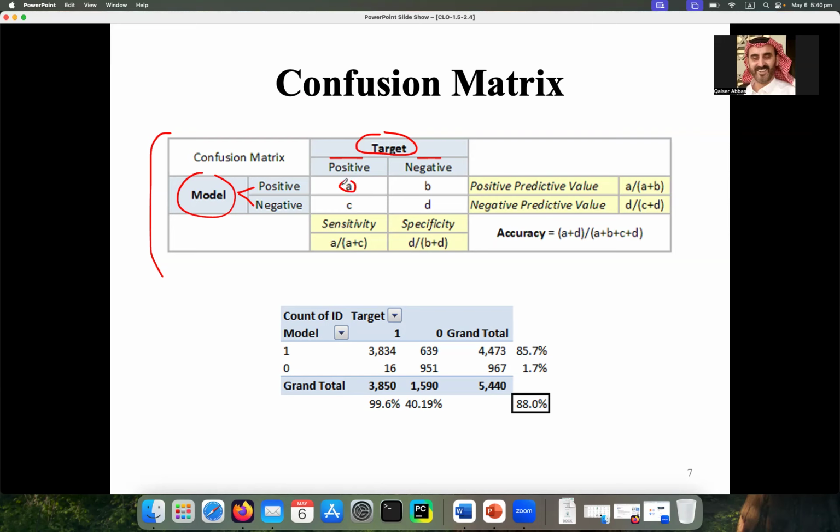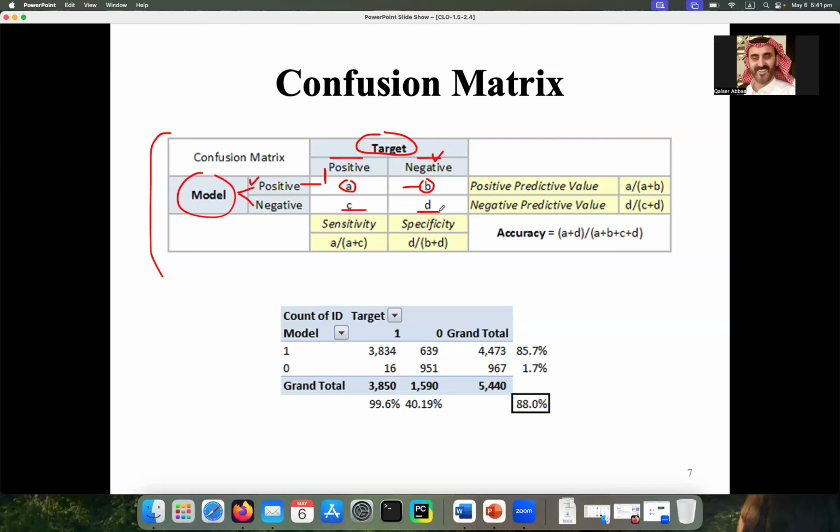It means that your model has predicted this as positive and it was actually positive in the data set. In your Excel sheet, you have the data set, and that class was also positive. Similarly here, what is this value for? It means that your model has predicted it as positive and actually it was negative in the data set.